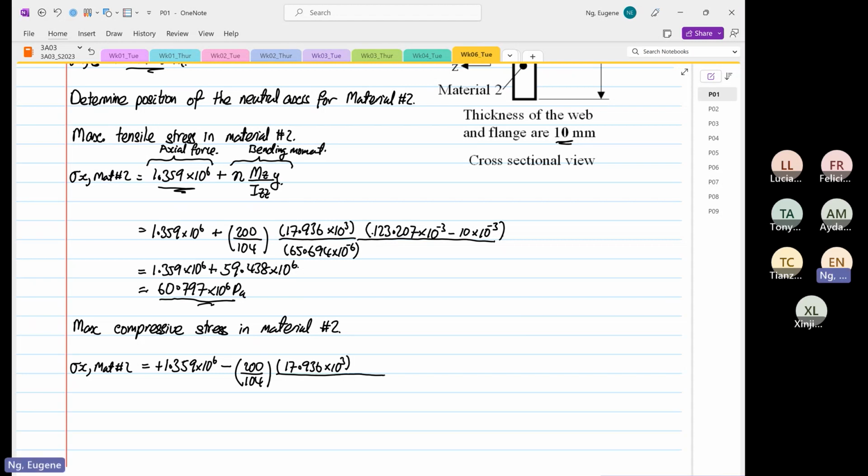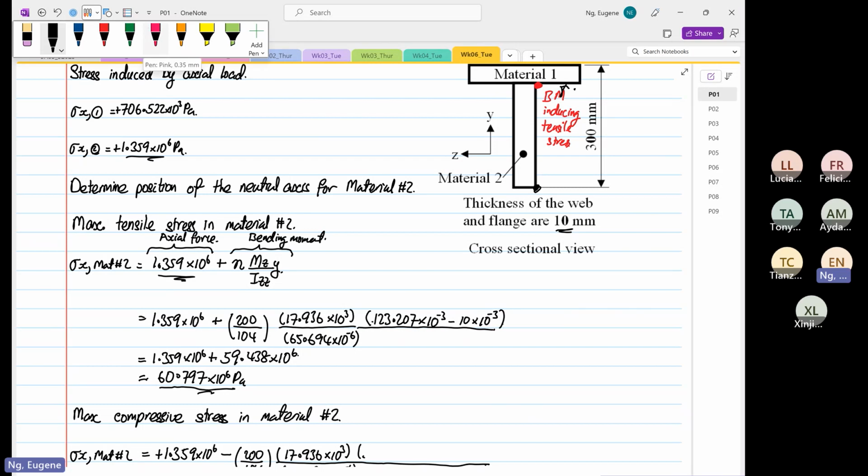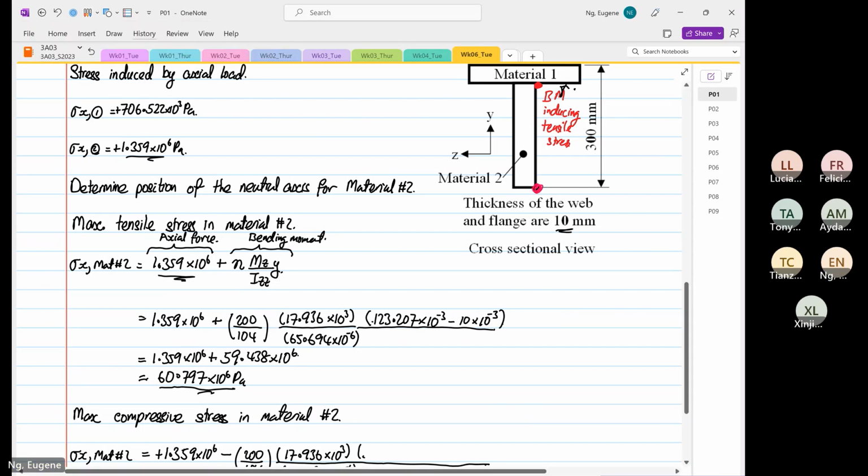And then the second moment of area did not change. So the only thing that changed now is we want to find this distance. Okay, so I'm going to change the color now. So this dot over here.